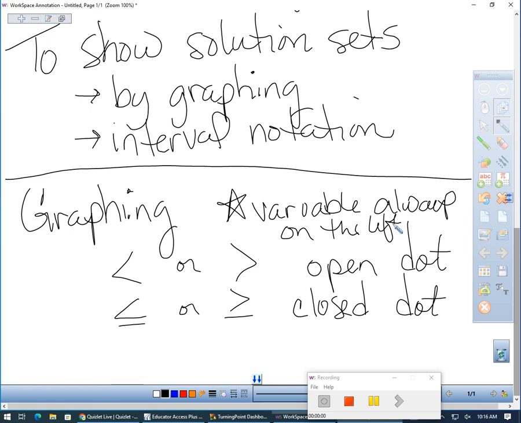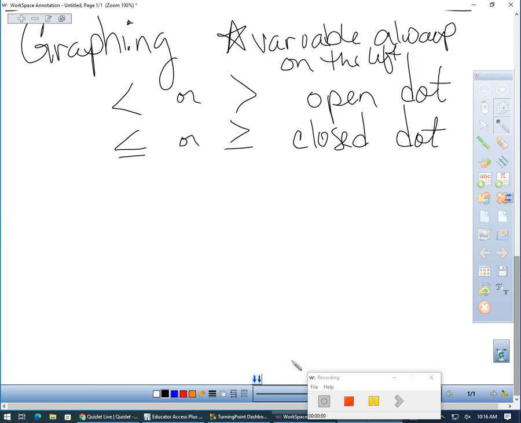All right, so let's look at a couple of these, which I know you have done before. For example, if I have x is less than 2, on a number line at 2, because it is less than, that is an open dot. Then if you are doing less than, that means it's everything smaller than 2, so we draw a line that direction and put an arrow on it.